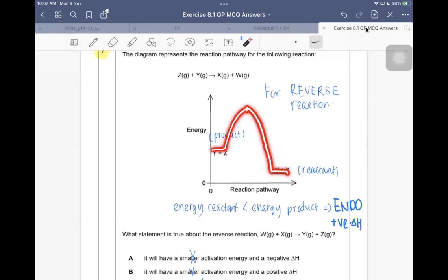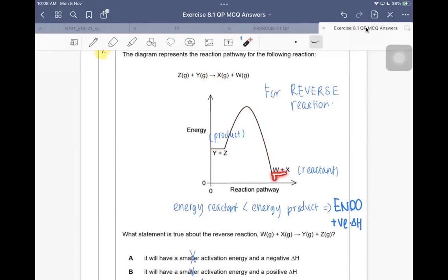That is the forward reaction. And I know the arrow is only showing a single arrow. If we're looking at the reverse reaction, we have to start from the products, W plus X. In this case, W and X are now my reactants.